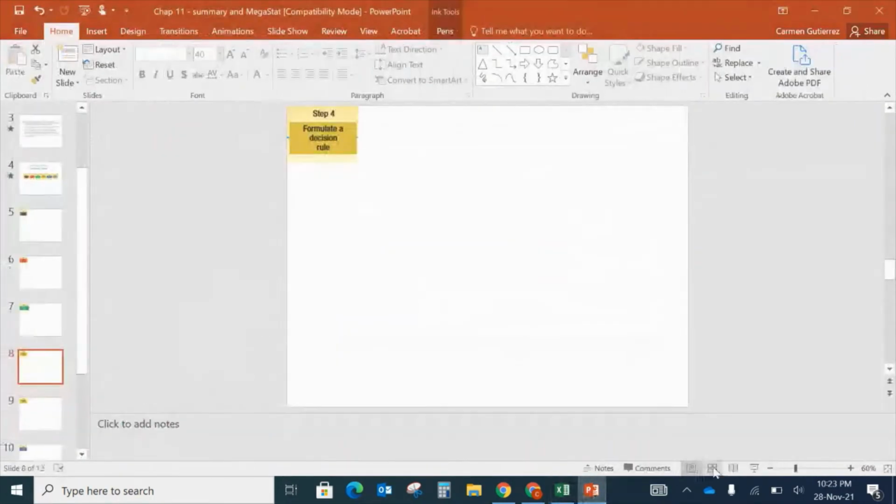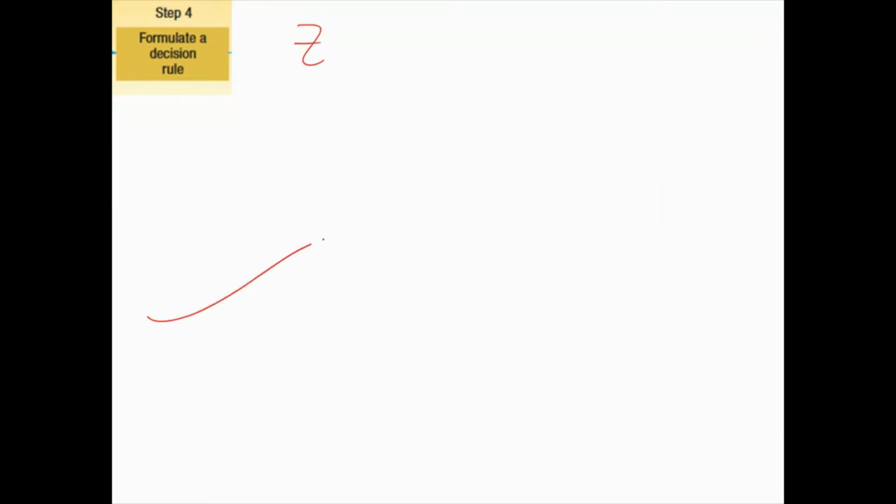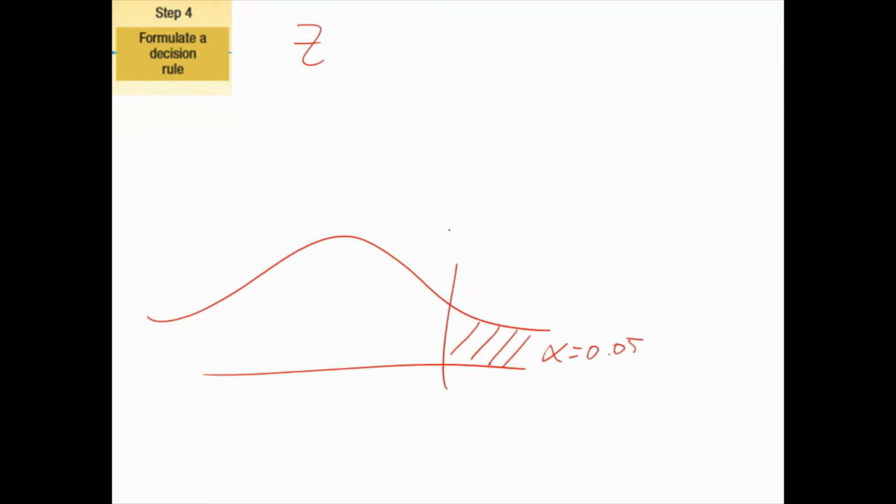So that is if you were doing a Z. You get a critical value. We mentioned for our sample here that alpha was 0.05, and that gave us a critical value of 1.64. The area here is 0.95.